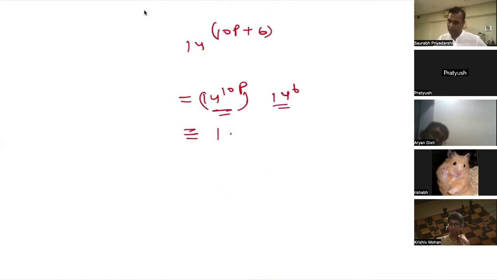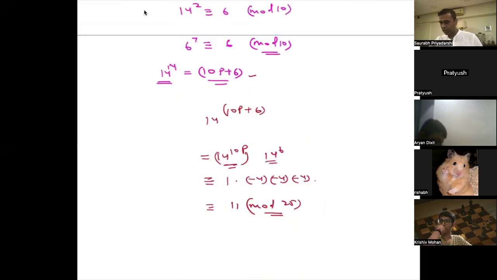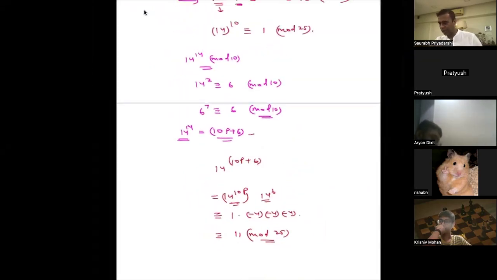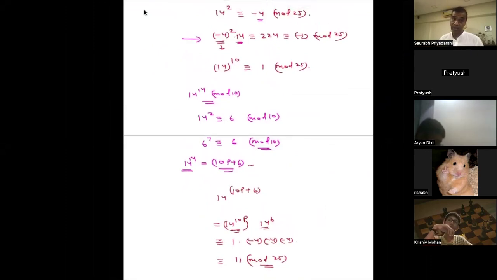14 to the power 6 is minus 4 into minus 4, because 14 square was coming as 64 minus 175. This is coming as 11 mod 25. Up to this step, if anyone is getting any problem, please ask, because after this we have to go for CRT, Chinese remainder theorem.